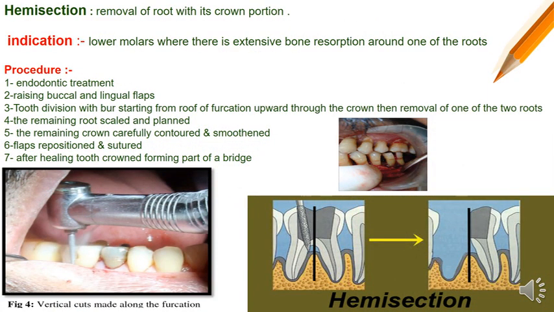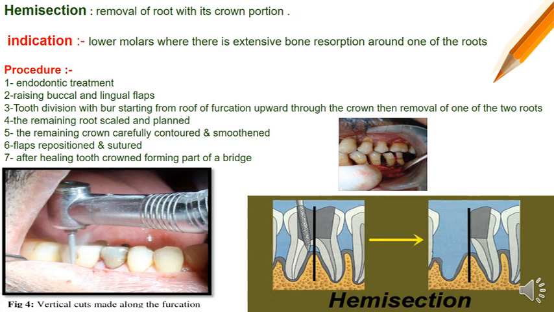Hemisection means the removal of the whole root with its crown portion. Indications include lower molars where there is extensive bone resorption around one of the roots. It is opposite to the decision of tooth division.